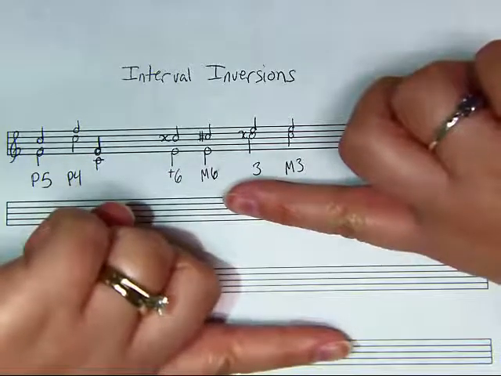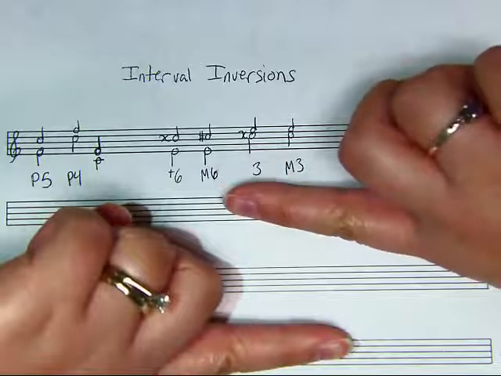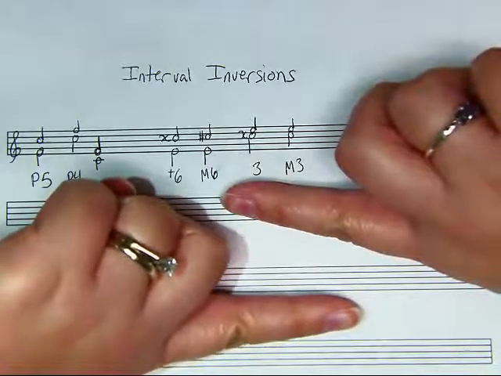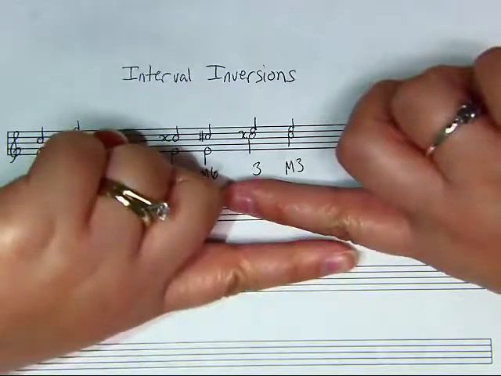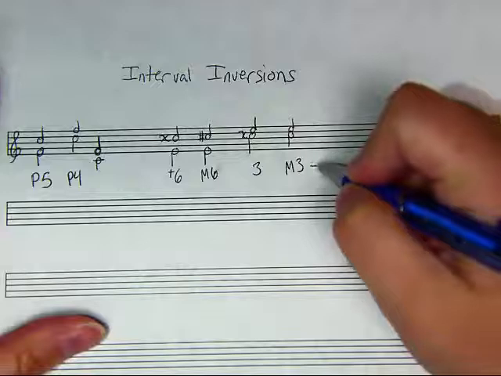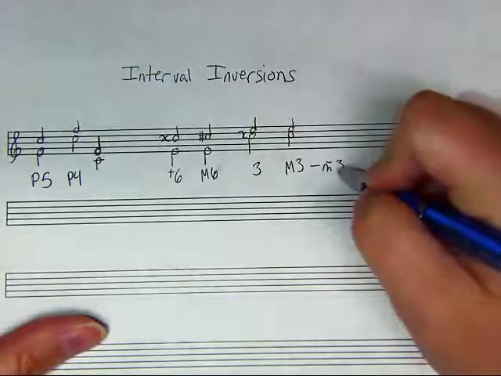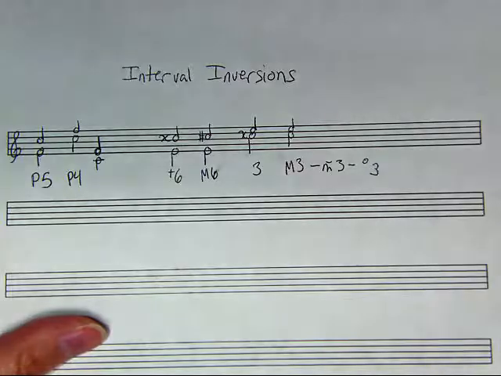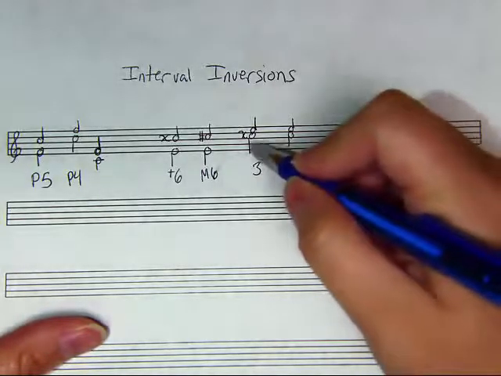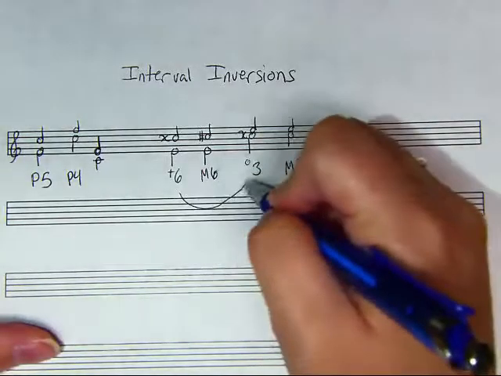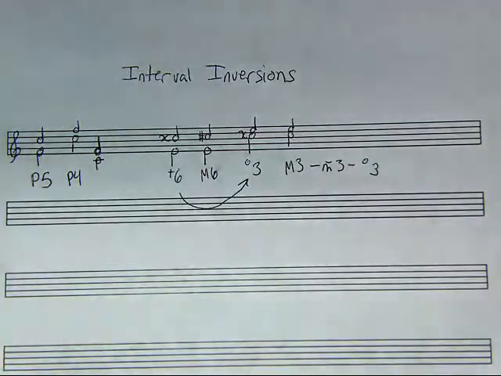So C to E, major third, C sharp to E, minor third, C double sharp to E, diminished third, because we know as we get smaller by half step, major third becomes minor third, which becomes then a diminished third. So this is indeed a diminished third, and this means that this augmented sixth inverts to a diminished third.